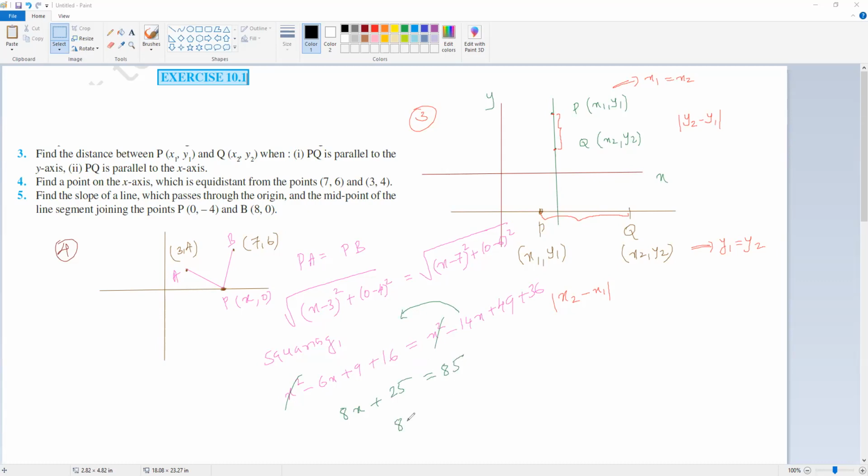So 8x is equal to 85 minus 25, which is equal to 60. x is equal to 60 upon 8, which is equal to 15 by 2. So the point is 15 by 2 comma 0. Okay, that's the point which is equidistant from A and B.